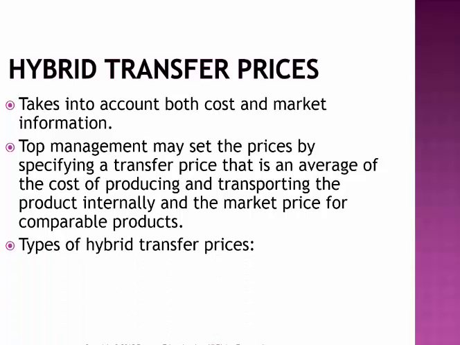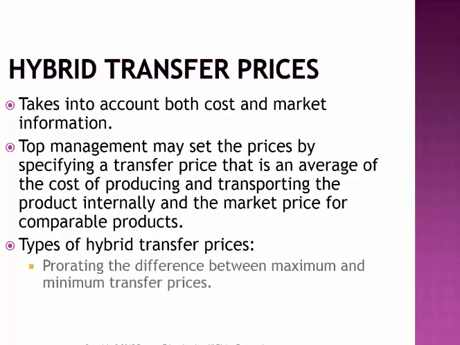There are some types of hybrid transfer prices that are notated in the text. We can prorate the differences between maximum and minimum transfer prices. I will also discuss the fact that the corporation can actually do some journal entries.